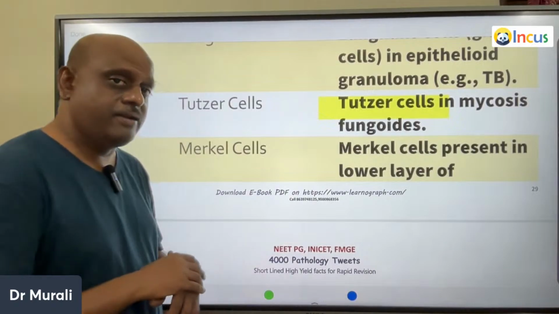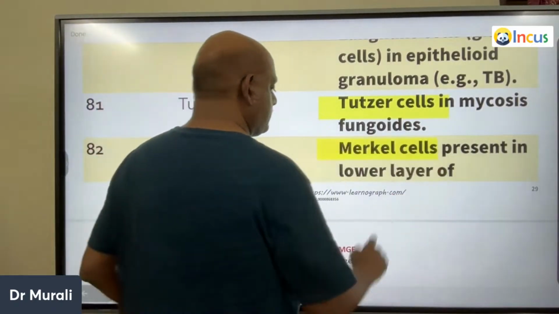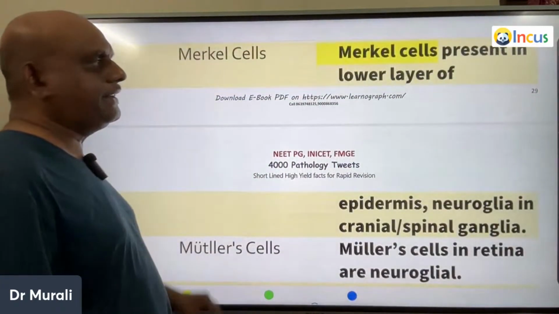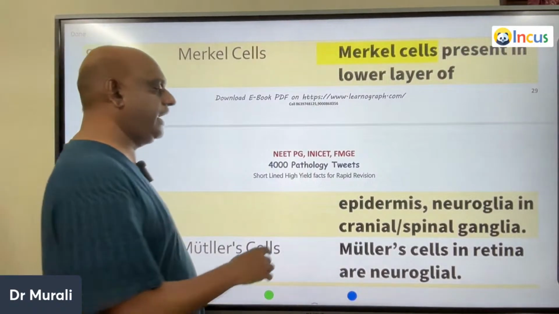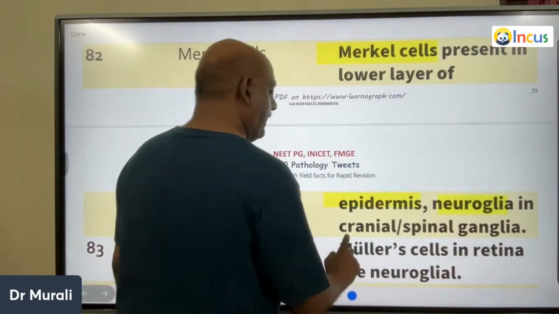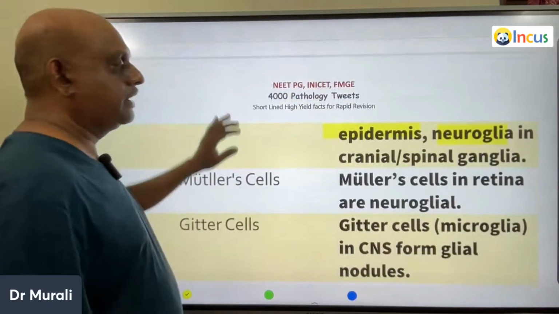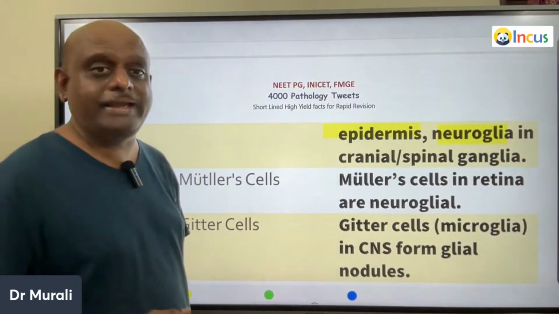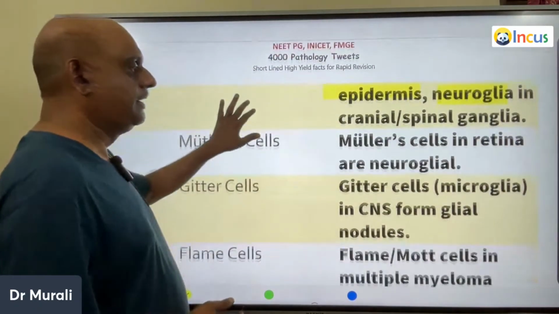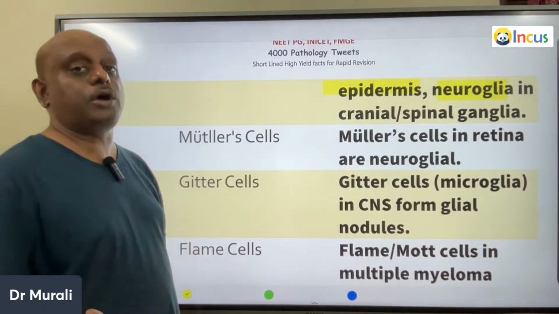Then in the skin, where do you see Merkel cells? Typically in the lower layer of the epidermis. In the cranial and spinal ganglia, you find satellite cells. In the retina, which cells are neuroglial?